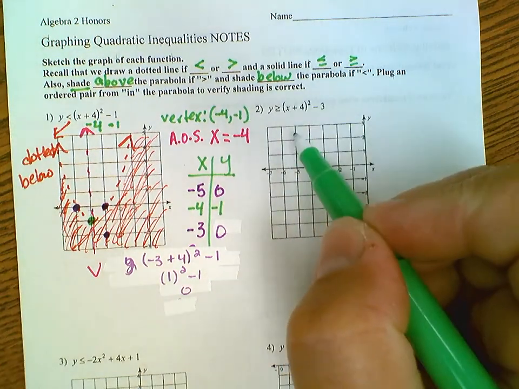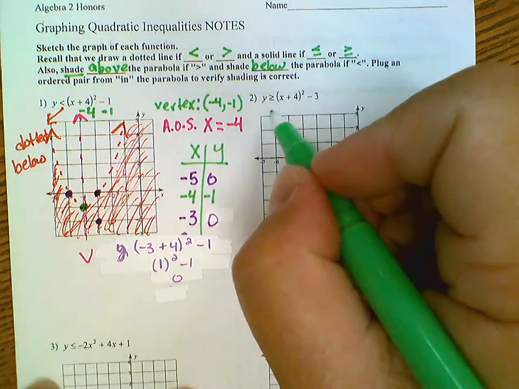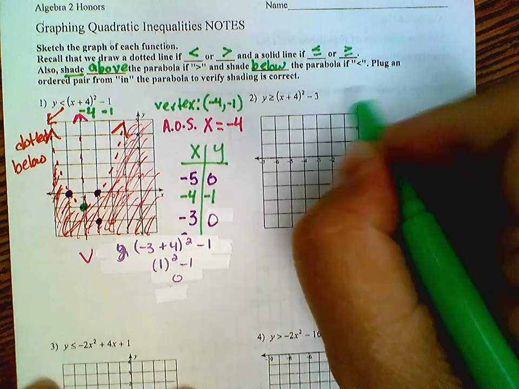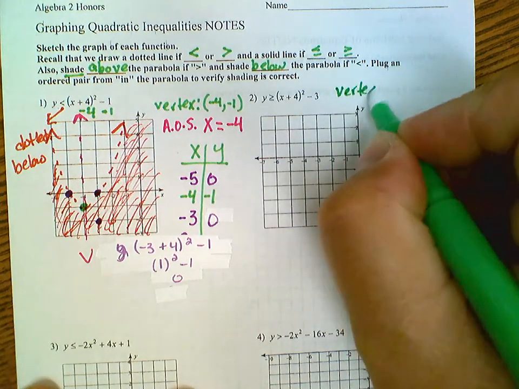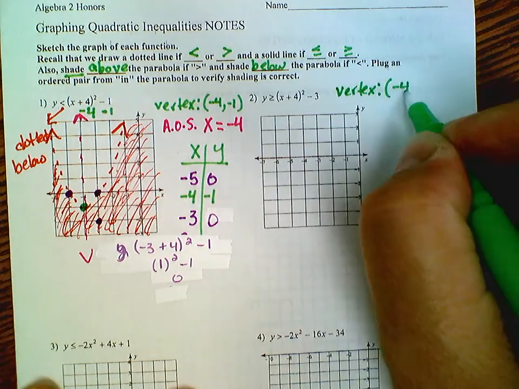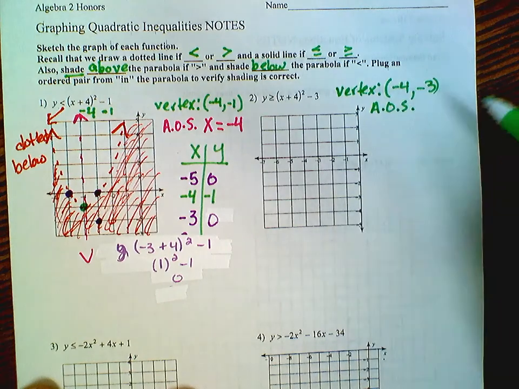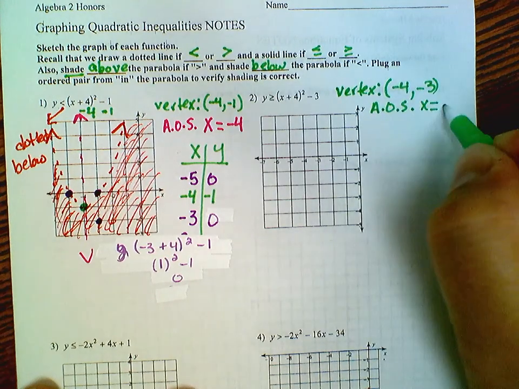Okay, we have another one here that is in vertex form. So my vertex is -4, -3, which means my axis of symmetry is x equals -4.